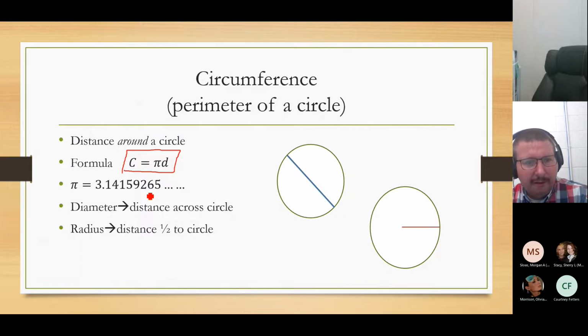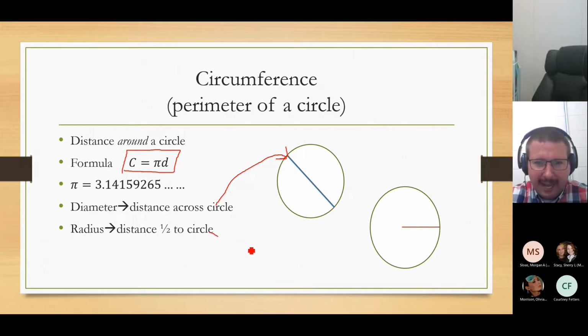But before I go any further, there's a couple of definitions I need to review with you. One is called diameter. Diameter is all the way across. It's the longer. Radius is halfway.